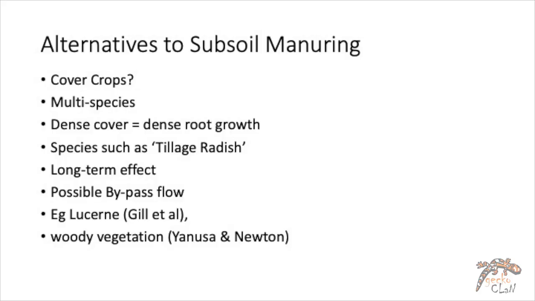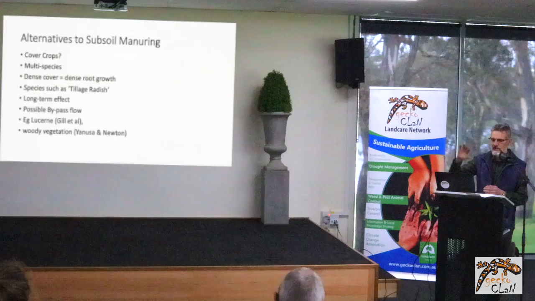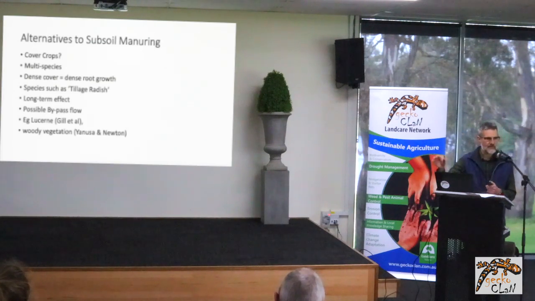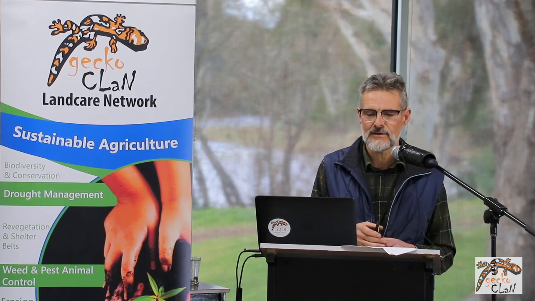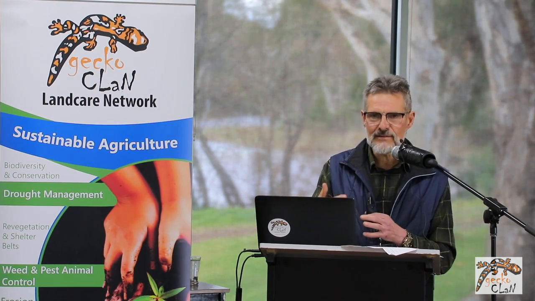Going back to the model of subsoil manuring, we're adding nutrients to stimulate lots of root growth. With multi-species cover crops, you're planting a lot of things and getting a large amount of growth, if you've got either the soil water or the water falling on the crop, and you're getting dense root growth. This is the advantage of a multi-species cover crop: there's a range of species there.